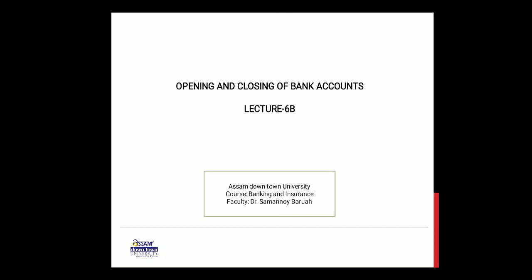There are different types of account. The three main important types are current account, savings account and fixed deposit account. Again, in case of a loan account, the bank gives advance to the customer and the customer owes money to the bank. So we have understood the concept of bank account.